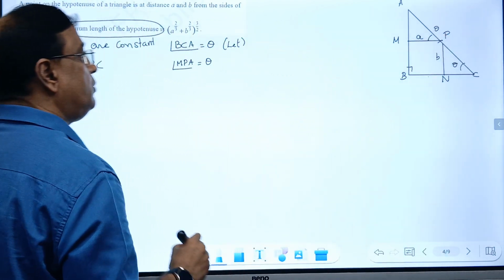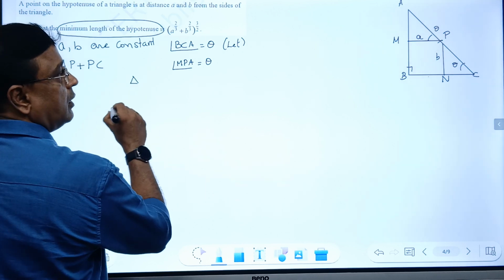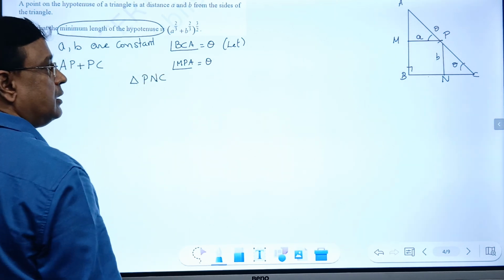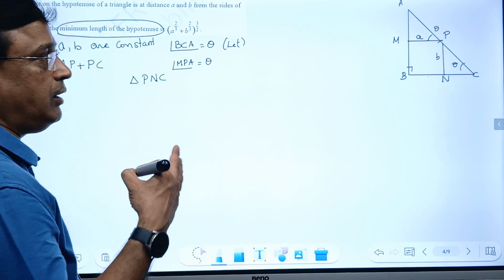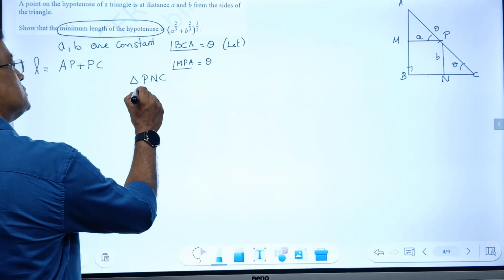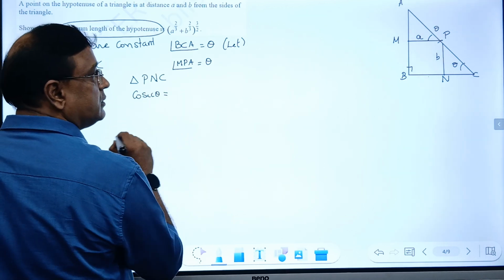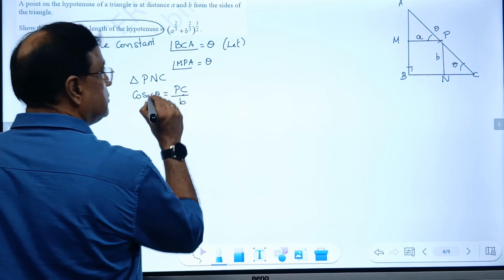Now first what I will do, I will take triangle PNC. I want to find PC, right? And I know B, opposite I know. So I will take cosecant theta. So what is cosecant theta? Cosecant theta is PC, hypotenuse, by opposite.